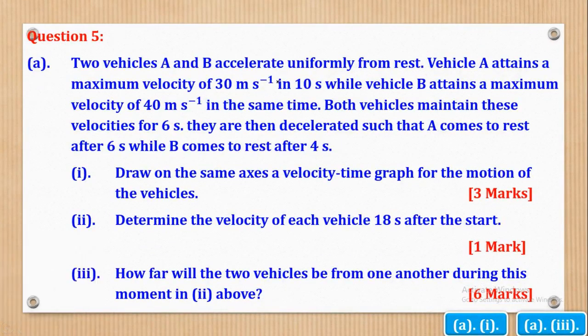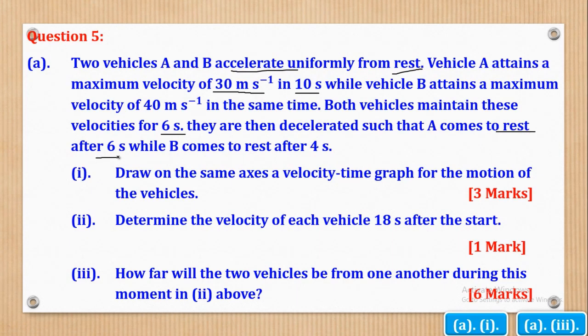So for vehicle A, it started from rest and accelerated uniformly until attaining a maximum speed of 30 meters per second in 10 seconds. It then maintained the speed for 6 seconds and then decelerated and came to rest after 6 seconds.